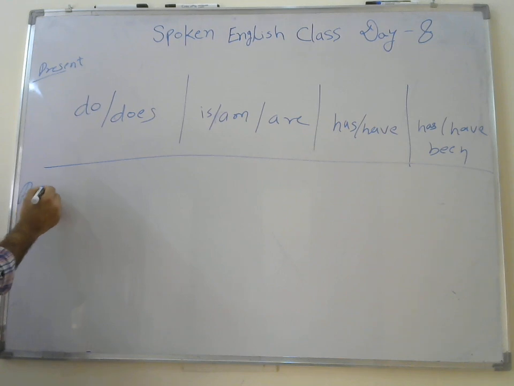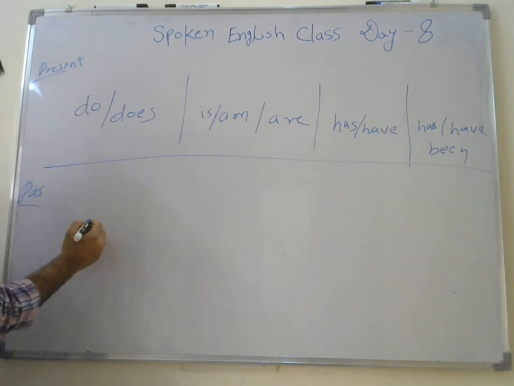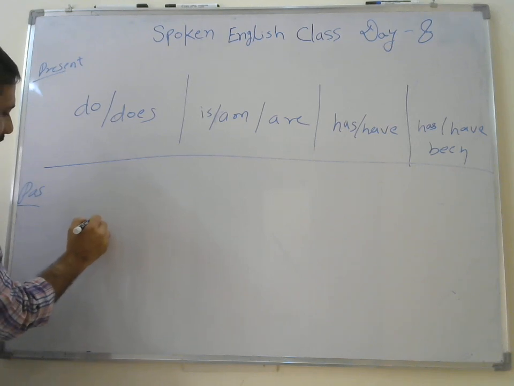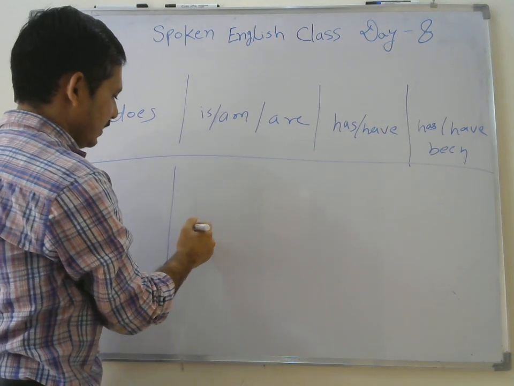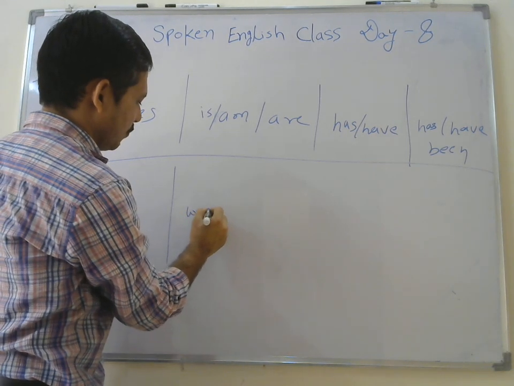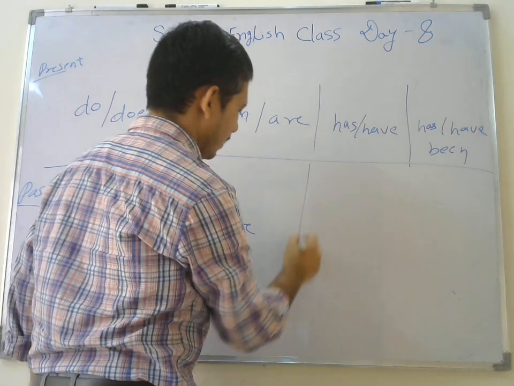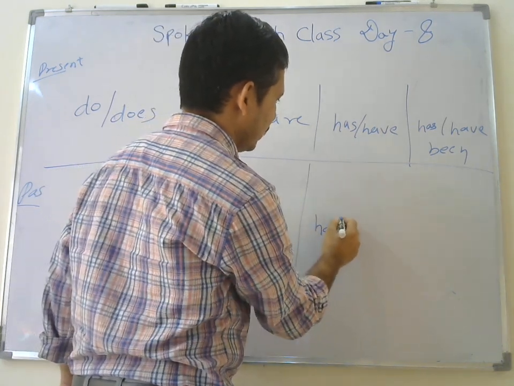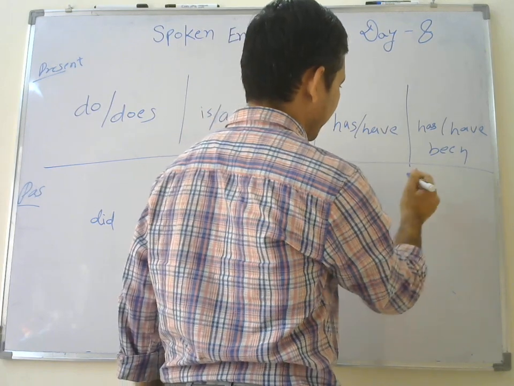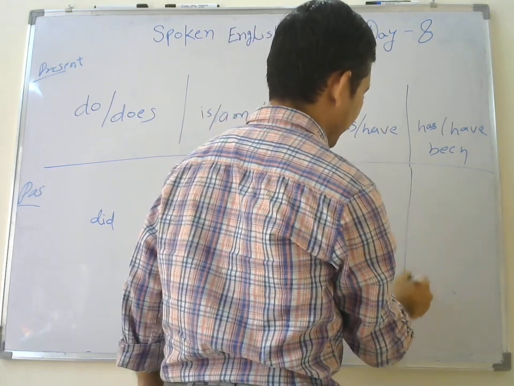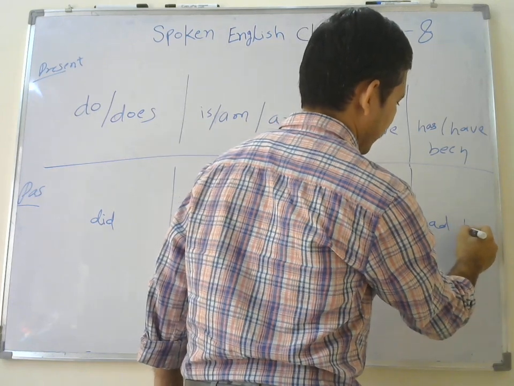Now in the past tense, what were the helping verbs? The second form of do is did. Then in the continuous, was and were. Here had, only one, the past of have, had, and here had been.